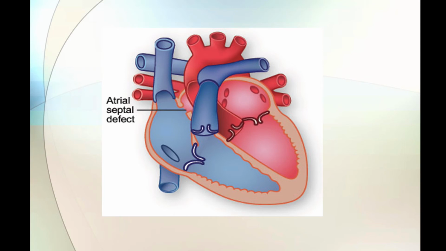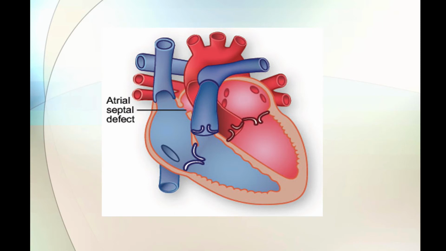Let's see. So with this problem, you can see how the blood will shunt from one side to the other, depending on the pressure and exactly how big that problem is. So usually it shunts from left to right, and it can cause increased blood flow to the lungs.